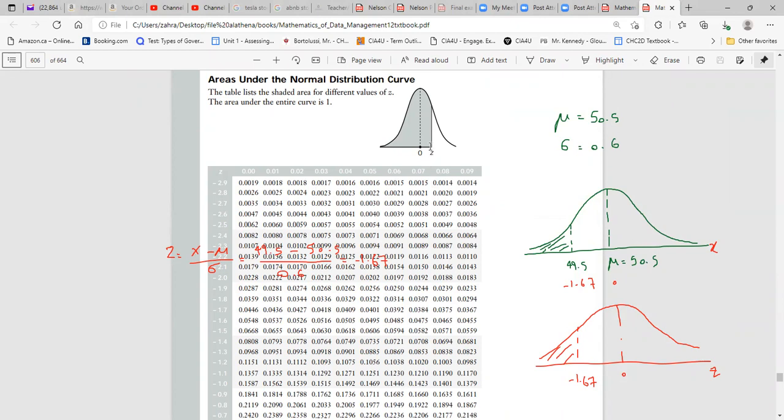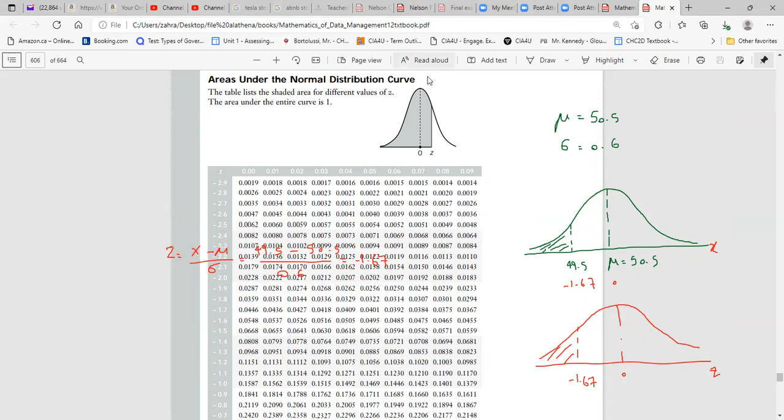If you have a z here, it gives you the area lower than that number. Now, the z score is negative 1.6, so negative 1.6 is there. For negative 1.67, you find the 7 and you go down.